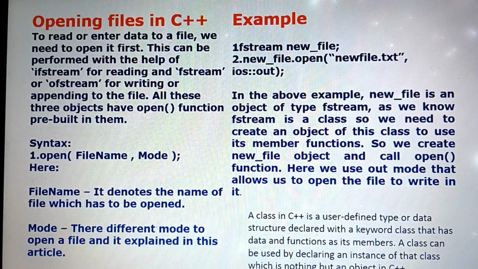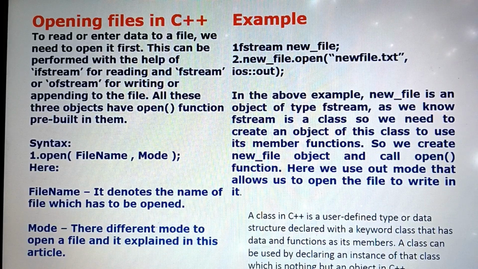Example: fstream new file. fstream is the class, and new file is the object. fstream is a class, so we need to create an object of this class to use its member functions. The fstream class contains a lot of member functions, for open, to create, to read, append.